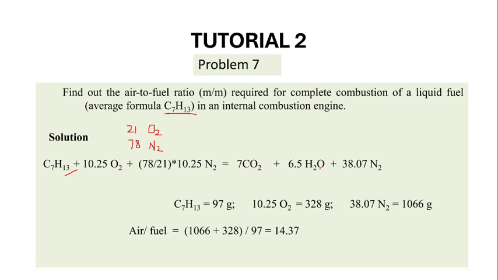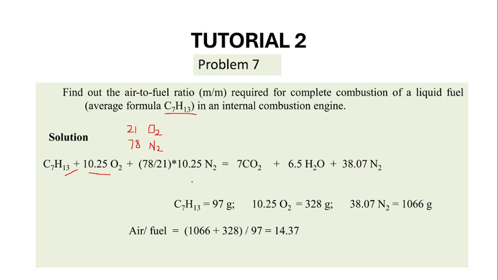And for 6.5 H2O, 6.5 oxygen is there, and for 7 CO2, 14 O is there. So 14 plus 6.5 is 20.5. For O2, you are balancing it as 10.25, right? So now we have balanced the carbon dioxide, the water and the oxygen.